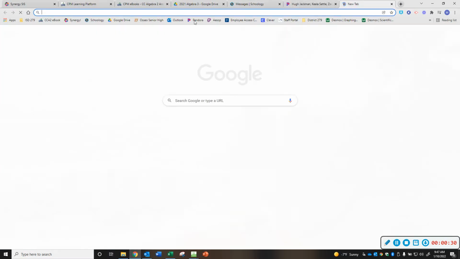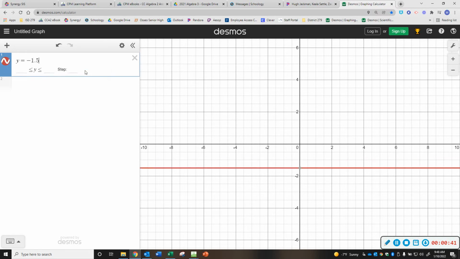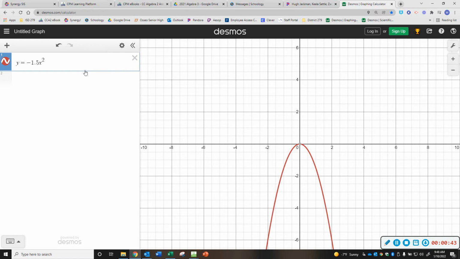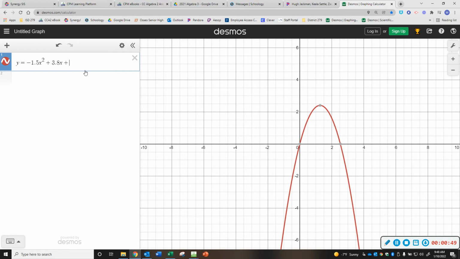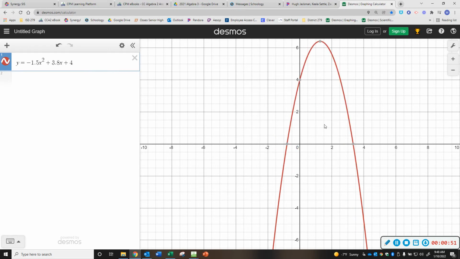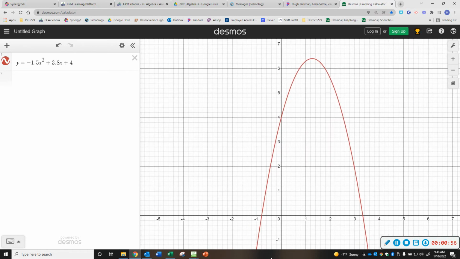We're going to go to Desmos Graphing, and I'm going to put in y equals negative 1.5x to the power of 2 plus 3.8x plus 4. Alright, so here is my graph, and it says find x when y equals negative 1.